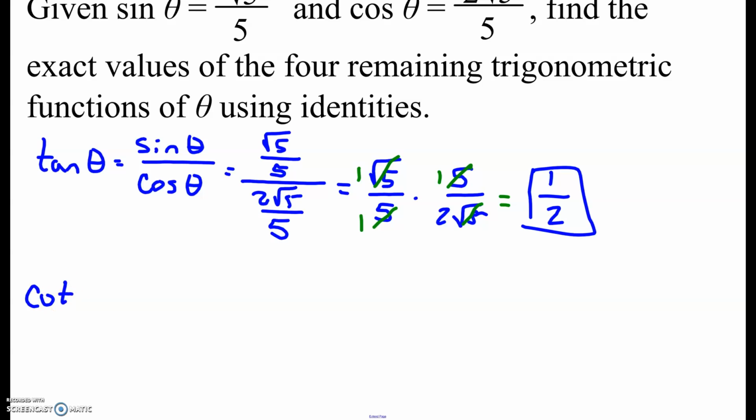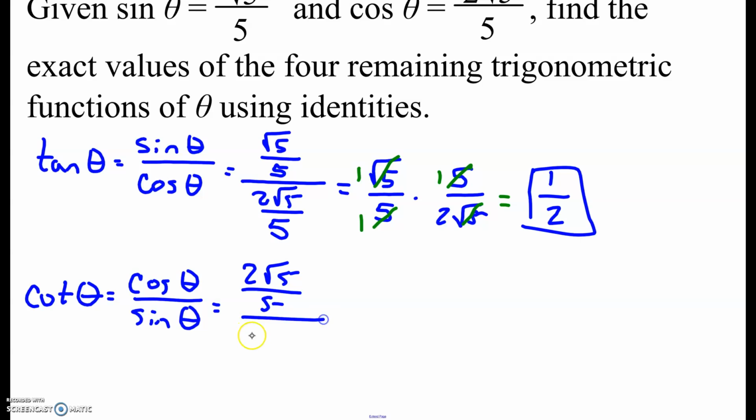For cotangent, this is cosine theta over sine of theta. Again, rewriting the division as multiplication of the reciprocal.